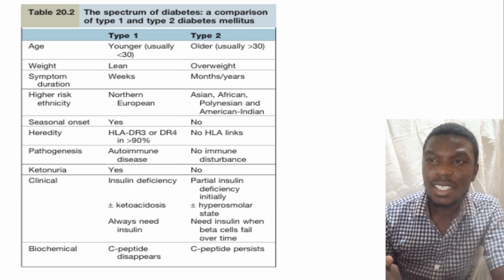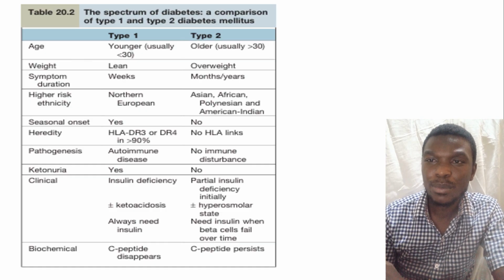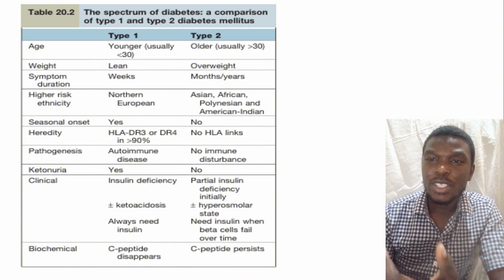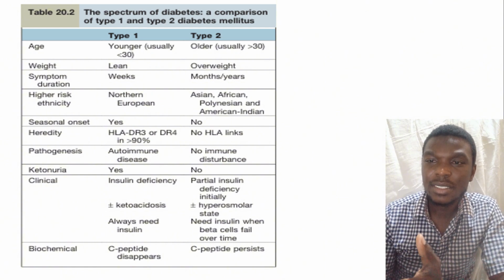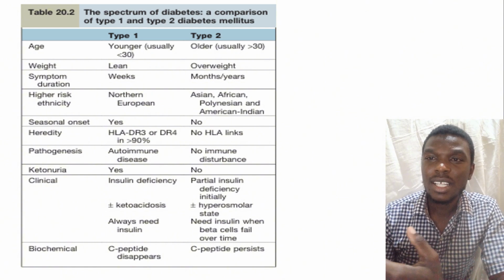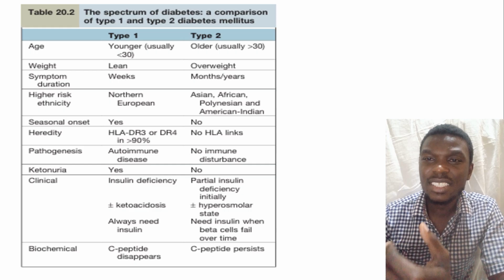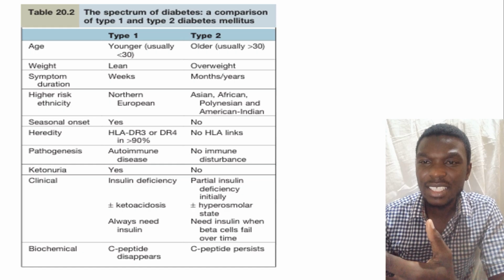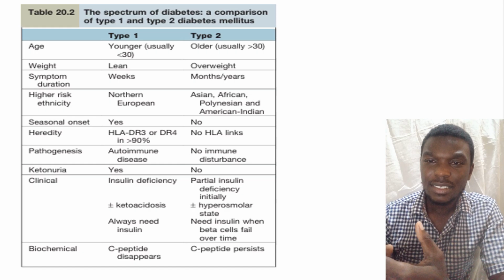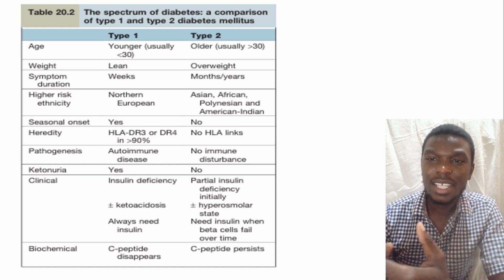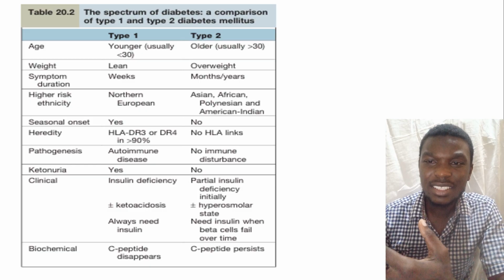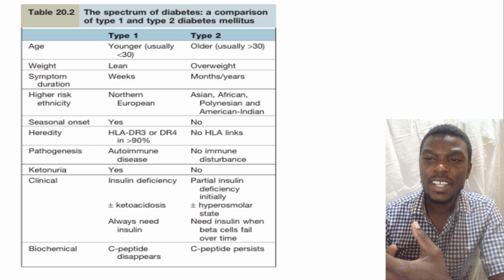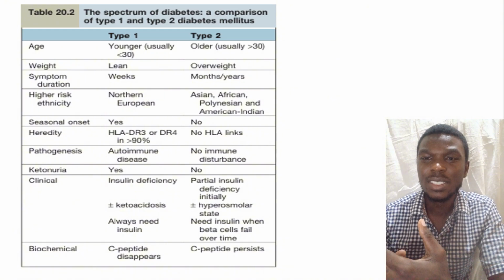A table here is just showing some differences between type 1 and type 2. What you expect to find in these patients: their age, weight, symptoms, risk factors, genes, pathogenesis, whether they have ketones in urine or not.